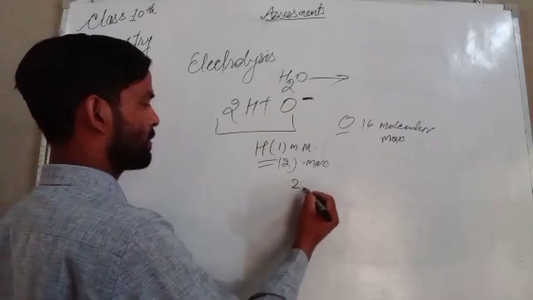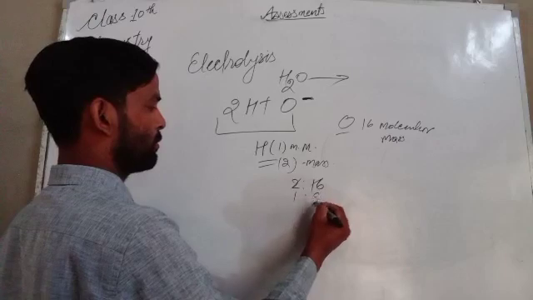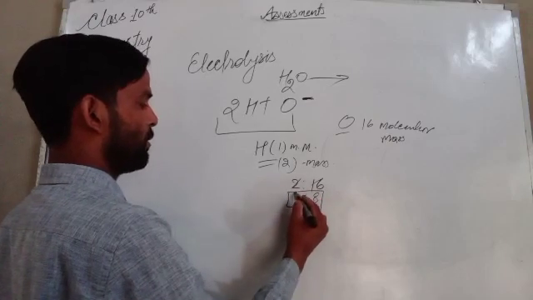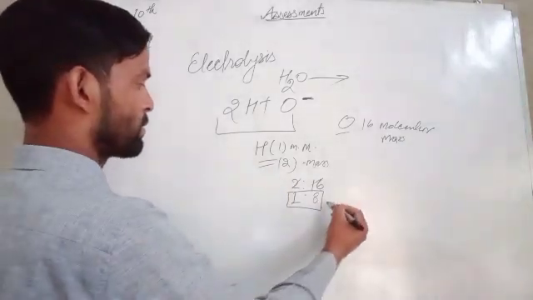So it will be 2 to 16, that is 1 to 8. The ratio of hydrogen and oxygen will be 1 to 8.